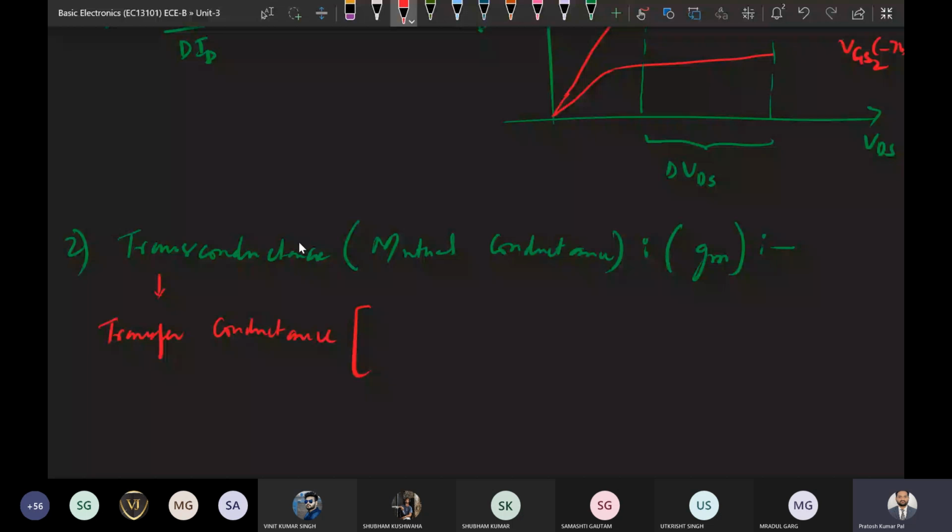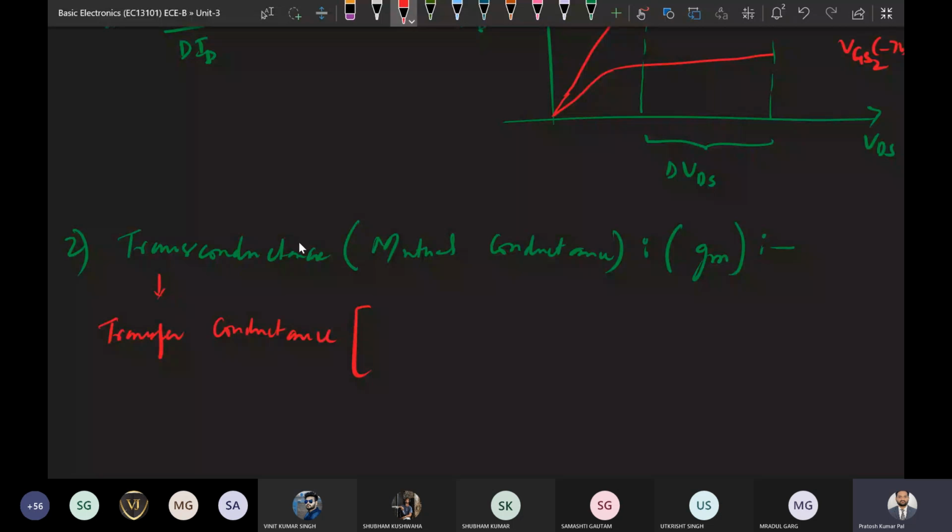Conductance means it will be the relation of current and voltage, but in case of JFET we are having only one current, that is drain current. So if drain current is there, then the voltage will be an input voltage. So input voltage is VGS.